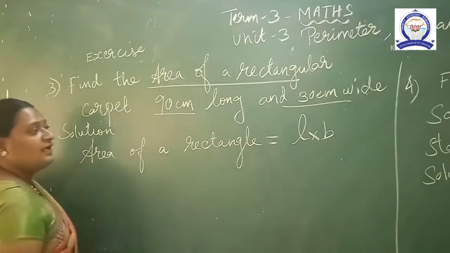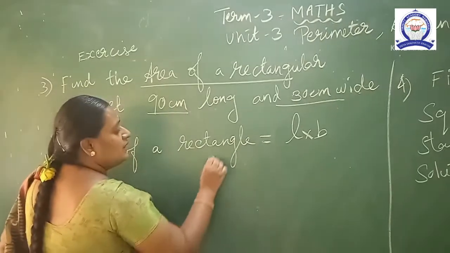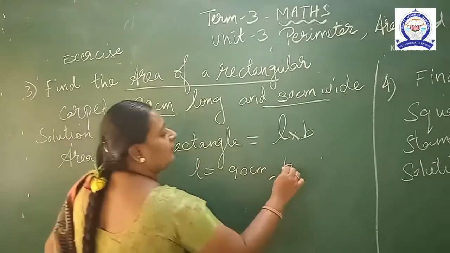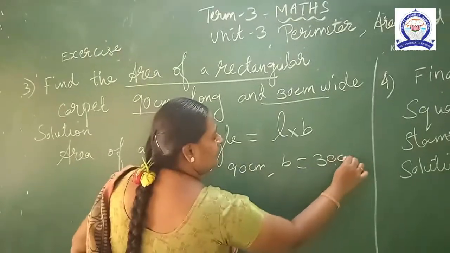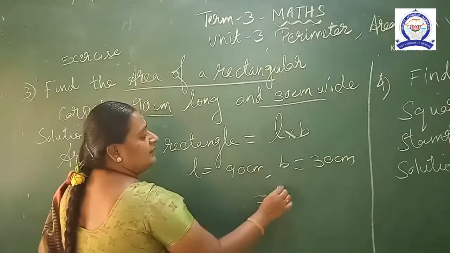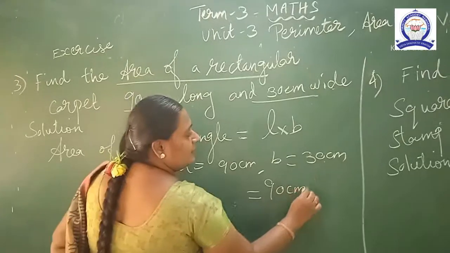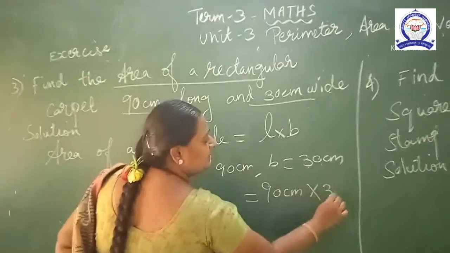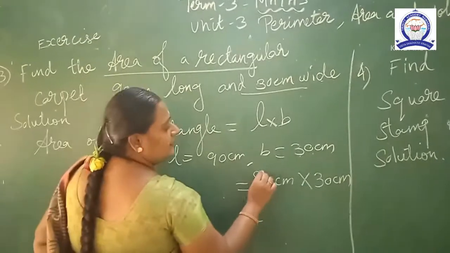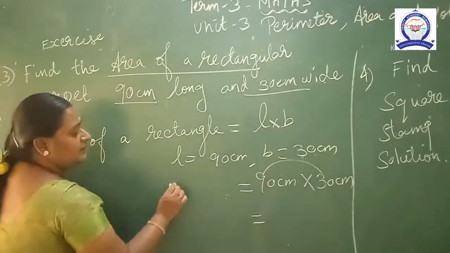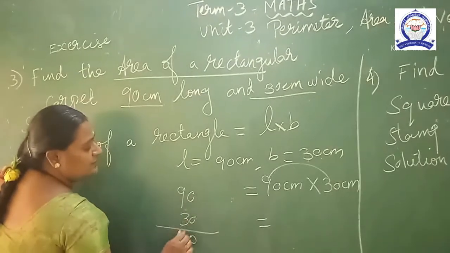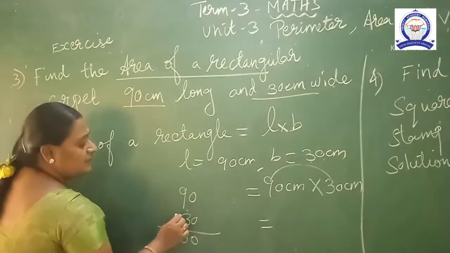So what is length? Length is 90 centimeter. What is breadth? B is equal to 30 centimeter. You substitute L and B in this formula. 90 centimeter into 30 centimeter. Now you multiply 90 into 30. 0 into 0 is 0, 0 into 9 is 0.